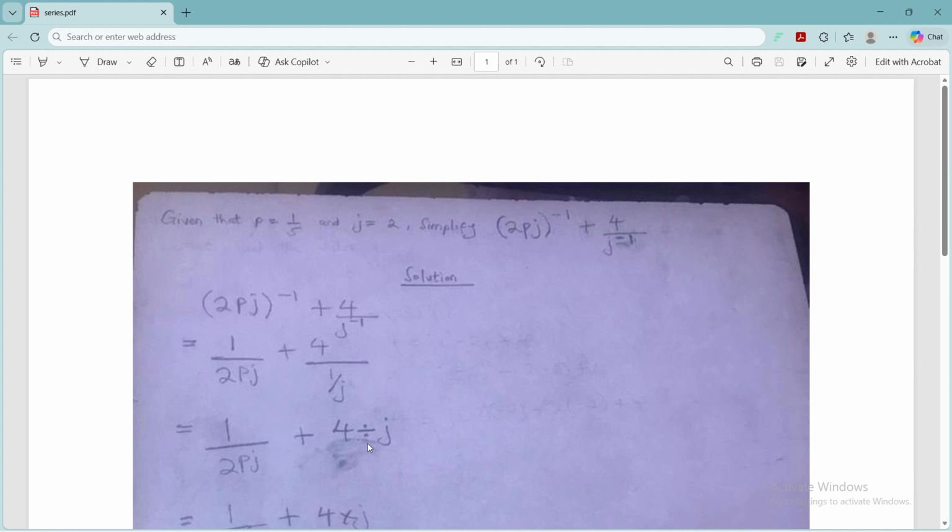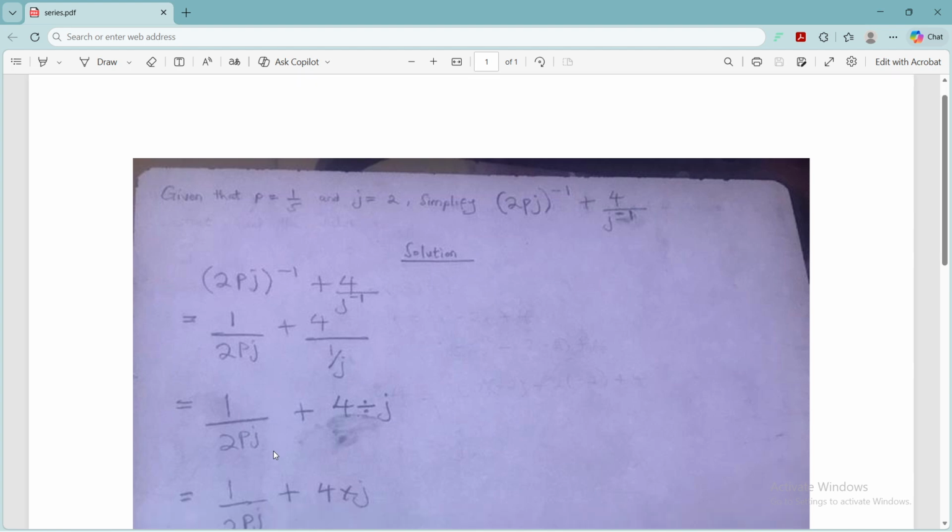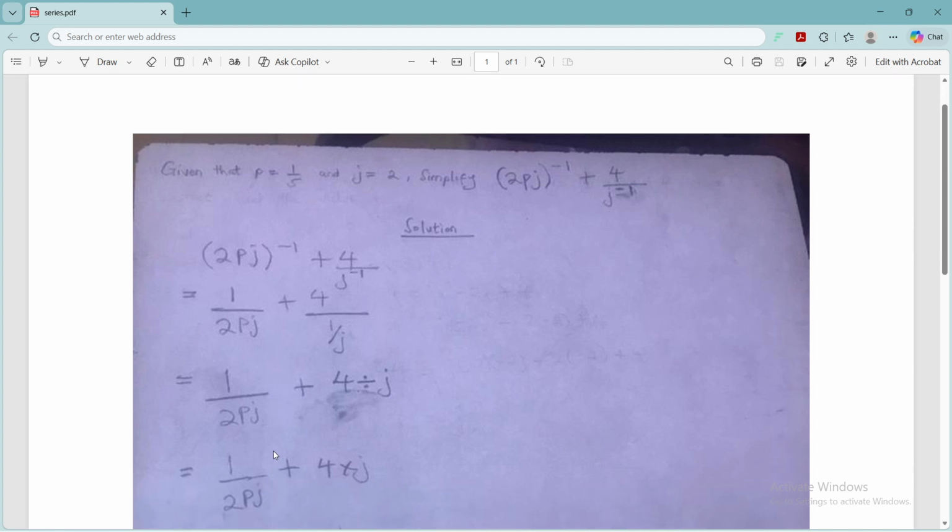So in simplifying further, we are going to have the fraction 1 over 2pj plus 4 multiplying j, right? Because division represents multiplication.